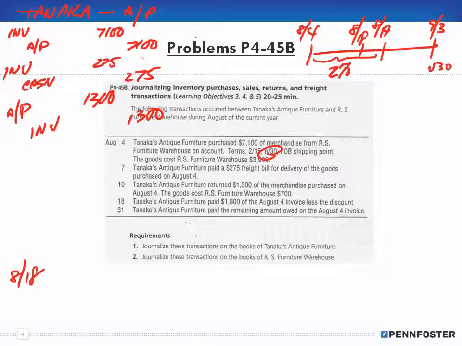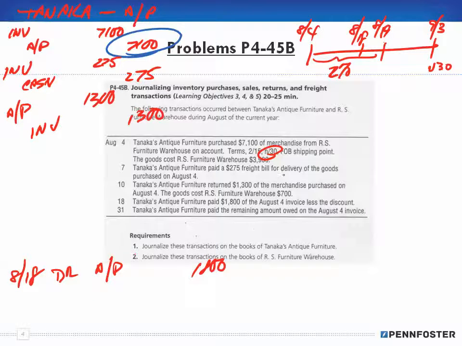Now notice that they owe $7,100 on their accounts payable, and Tanaka is paying $1,800 of it. So if they're paying $1,800 of it, they're reducing their accounts payable, so they're going to debit their accounts payable for $1,800.